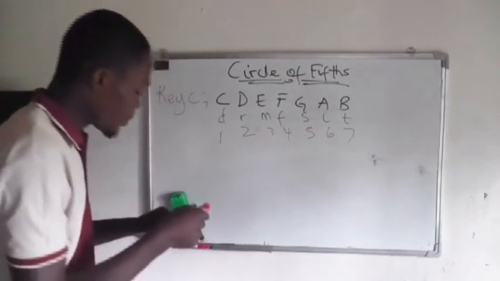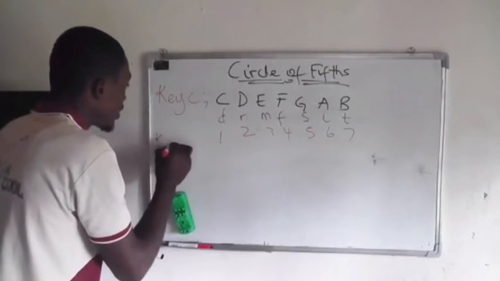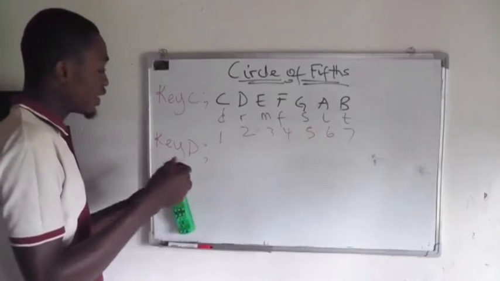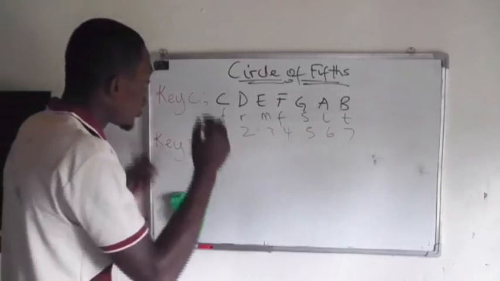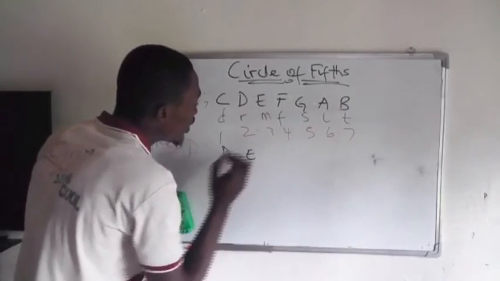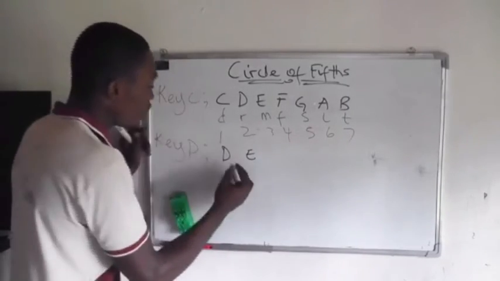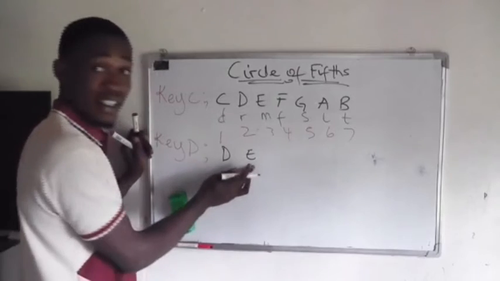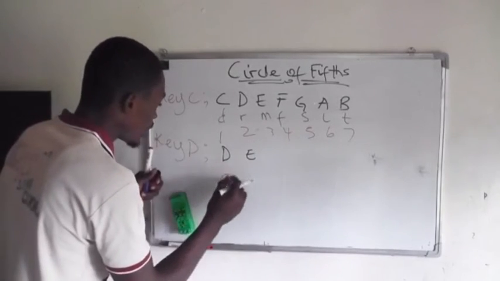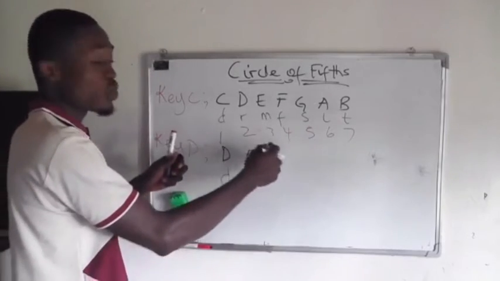But if you consider a key like key D, looking at the key D here, we'll have Do, Re. Between D and E is a tone. Then the next one is Mi.